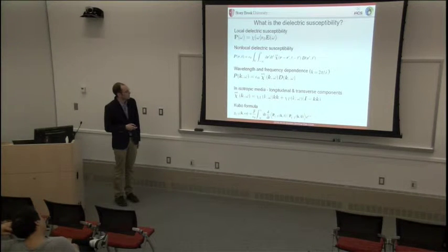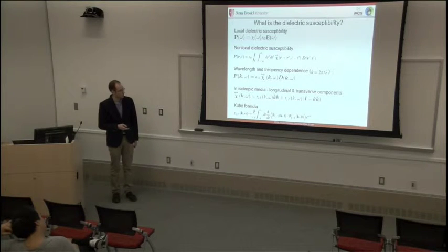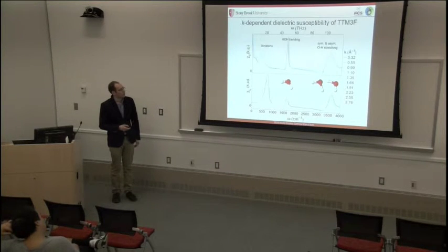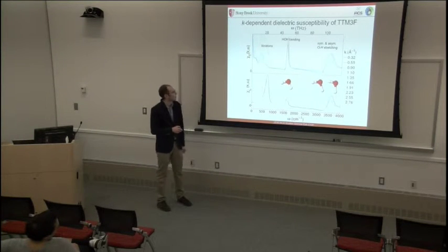And we calculate these things with the Kubo formula, which relates the susceptibility to the fluctuation of the polarization in the equilibrium state. So this is what K-dependent susceptibility looks like for water. You have three regions of interest corresponding to the librational motions, the HOH bending, and the symmetric and antisymmetric stretching motions.